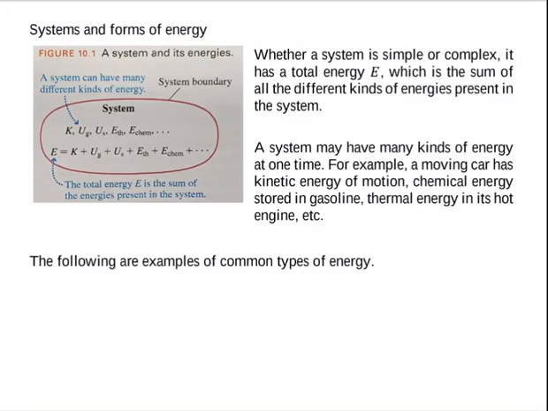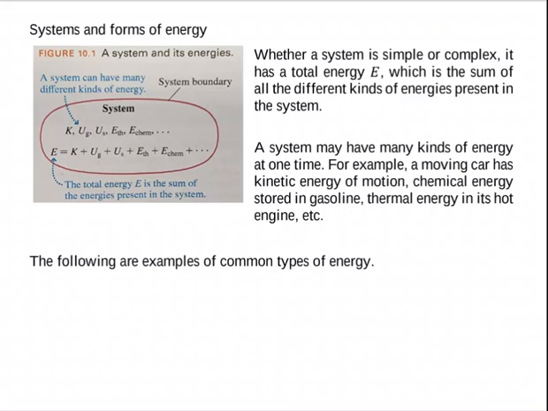All right, so we have systems and forms of energy. In the little picture, we have a system and its energies. Inside the circle, the system can have many different kinds of energy, and the circle is the system boundary. We have these symbols: K, U sub G, U sub S, E sub TH, E sub chem.